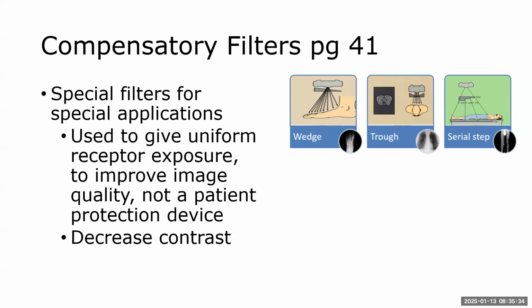If I did it good for the ankle, then my hip's going to be underexposed. So you can get the technique set that's accurate for the hip, use one of these special filters, and it sort of gives you consistent thickness across the part so that the entire leg from the hip to the ankle can be visualized on one image.